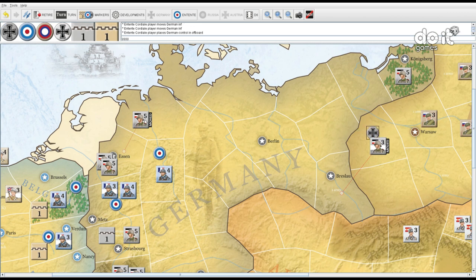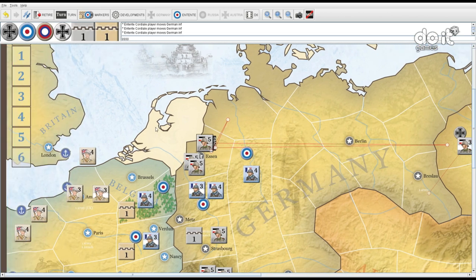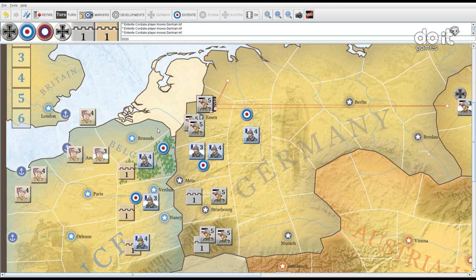It's correct, for example, to move one army from here to here. But if you do this movement, you spend 2 activations instead of 1. This kind of movement can only be done by land, never by sea. Okay, I have now explained the movement.